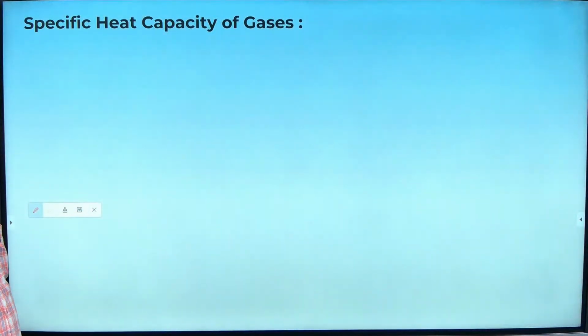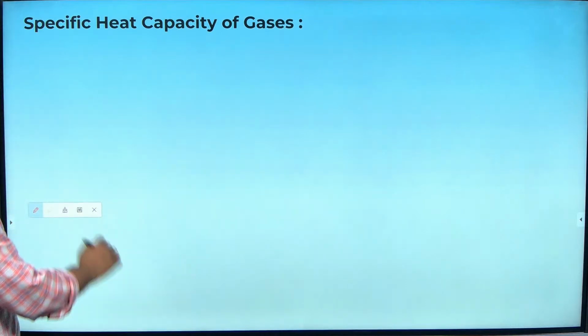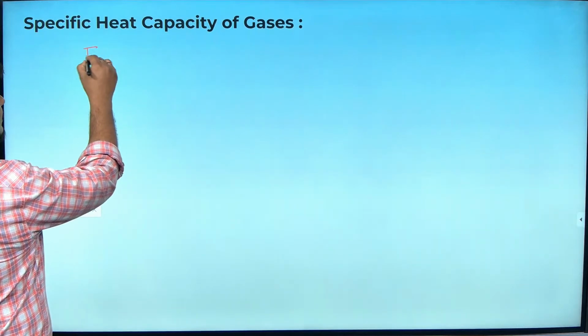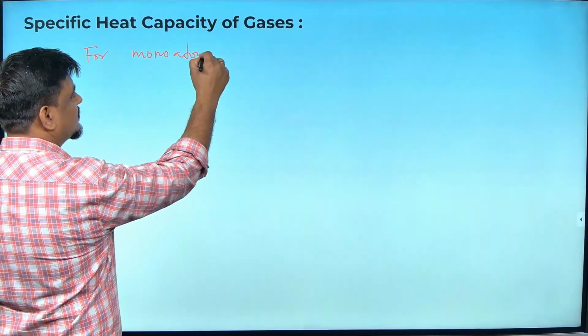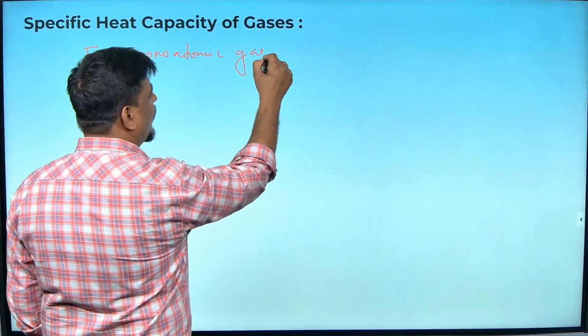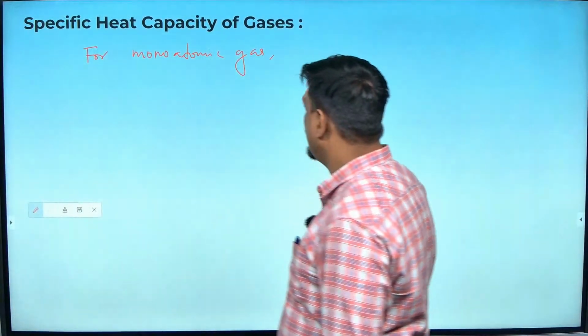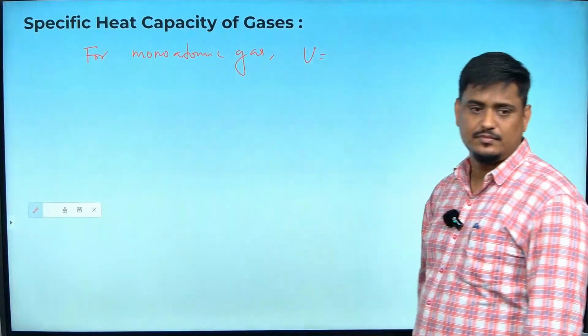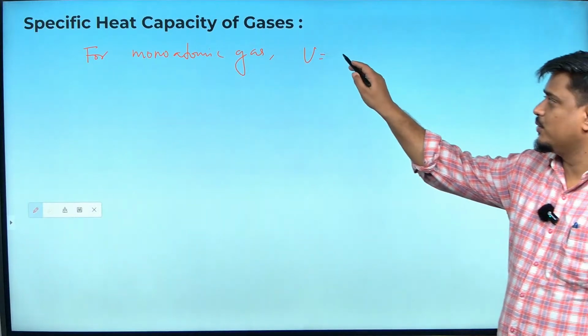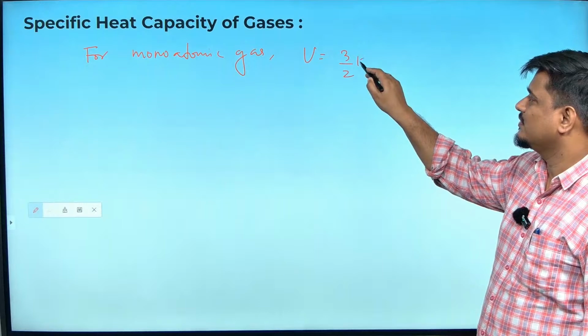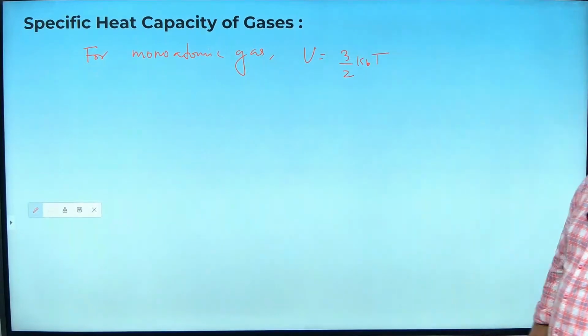Now in the case of gases, if I am writing for monoatomic gas, what is the value of internal energy U? Just now we learned. How much is that? 3 by 2 kT. Right?